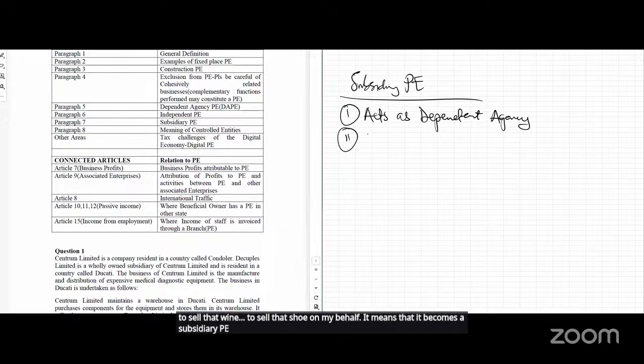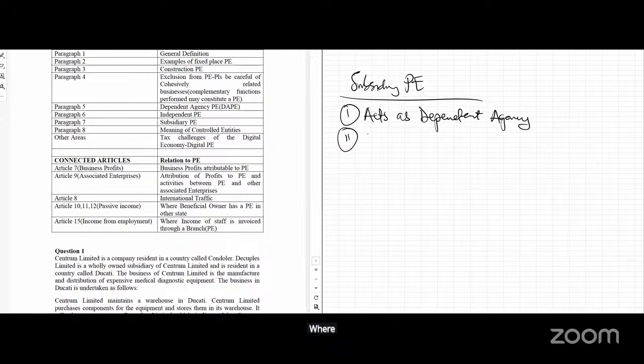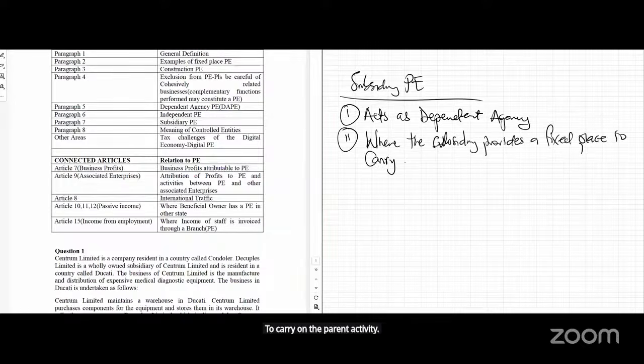Two, where he gives me a fixed place, right? A fixed place where the subsidiary, are you getting it, provides a fixed place to carry out the parent activity.